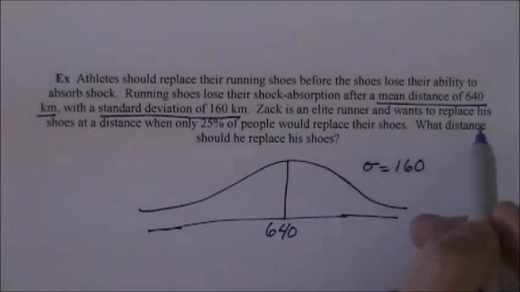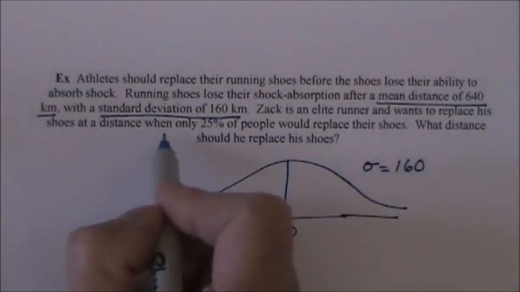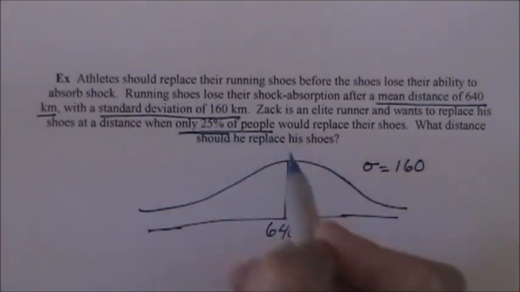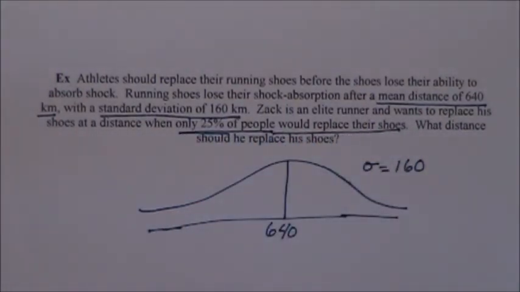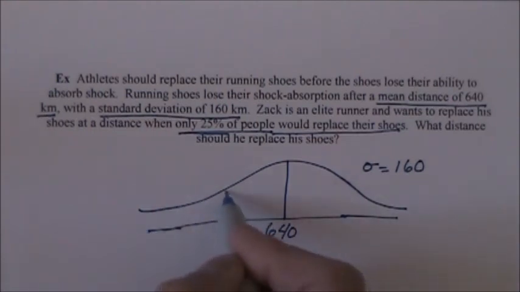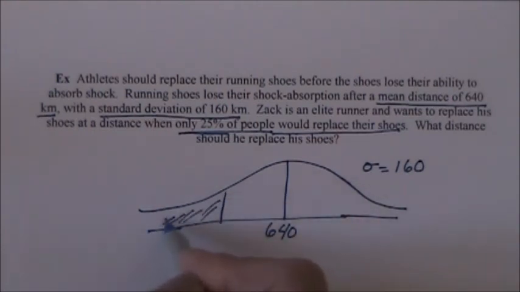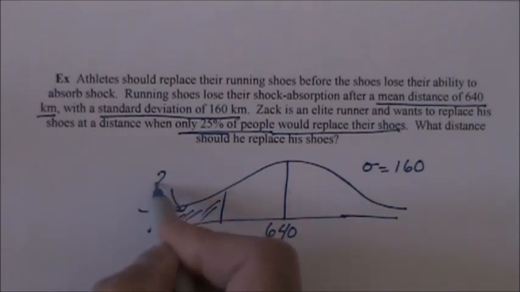Zach wants to replace his shoes at a distance when only 25% of the people would replace them. Now, 25% of the people would be the first people to replace their shoes, not the last people. This would be the last people that are going to replace their shoes. This would be the first people to replace their shoes. So he's looking at something in here as our 25%.